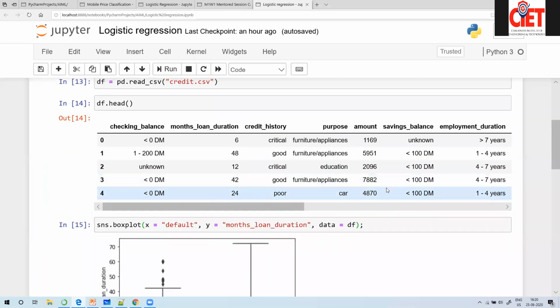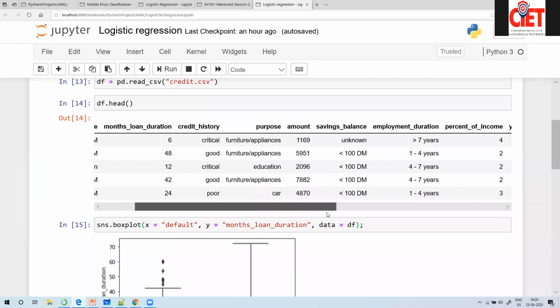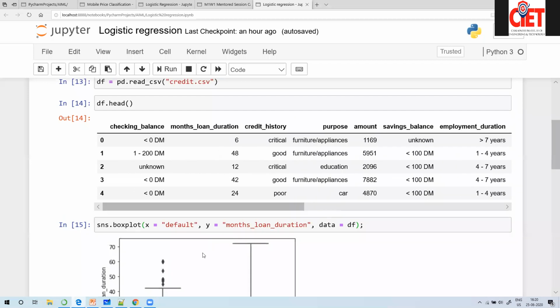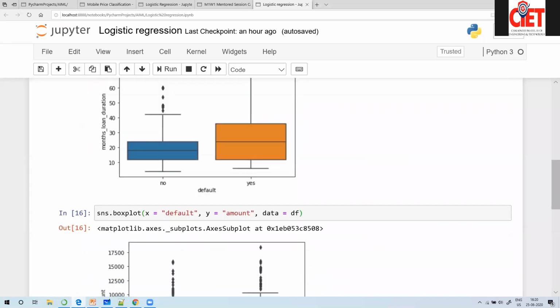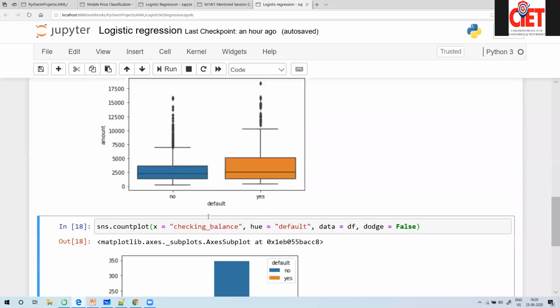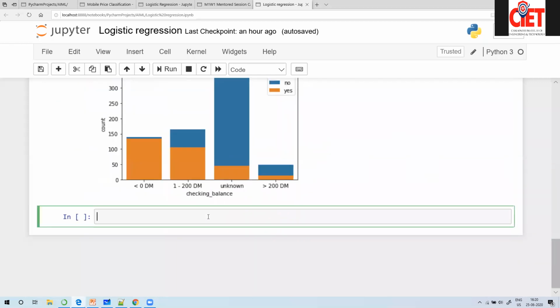I'm going to select a few variables and ignore the rest of the EDA. So the columns that I am interested in for my analysis, I'm going to select them. Months loan duration, for sure this is important.